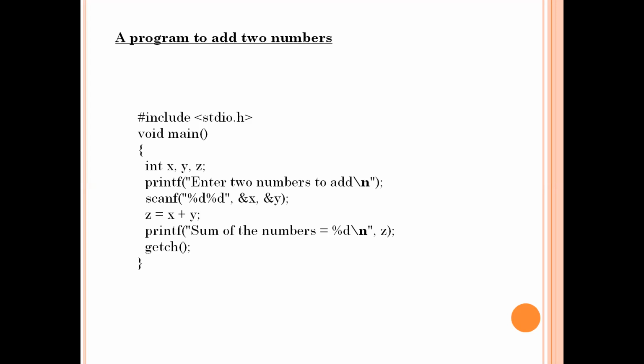After closing the double quotes, it is followed by a comma, then z. That means the value contained within z will be displayed, because we stored the sum of x and y in the z variable. The last statement is a getch statement that is used to get a character from the keyboard.